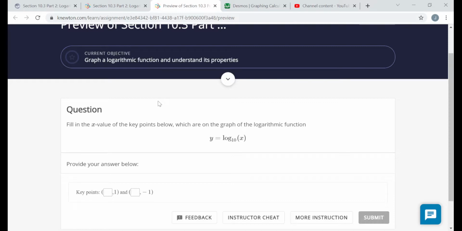All right, so before I get into the questions themselves, I do want to talk a bit about logarithmic functions, basic logarithmic functions. And you're going to see some similarities between basic logarithmic functions and the basic exponential functions, if you recall those from a previous video, from a previous assignment.